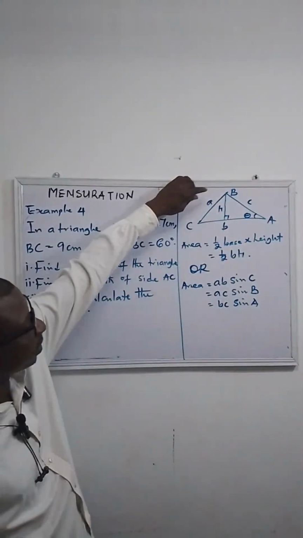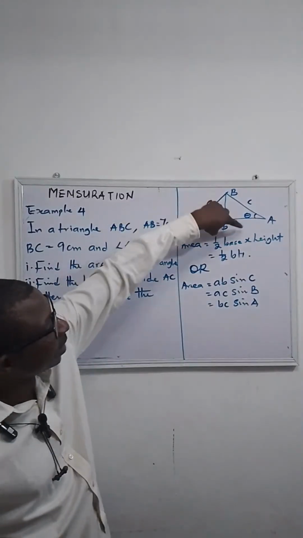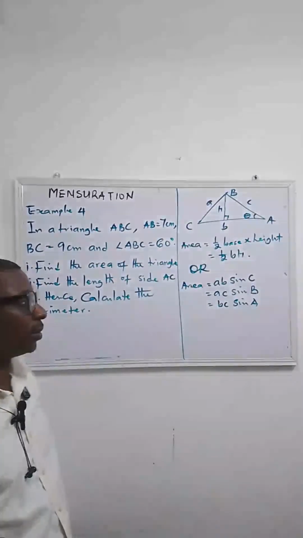You can see the sides: side a, side b, and side c.